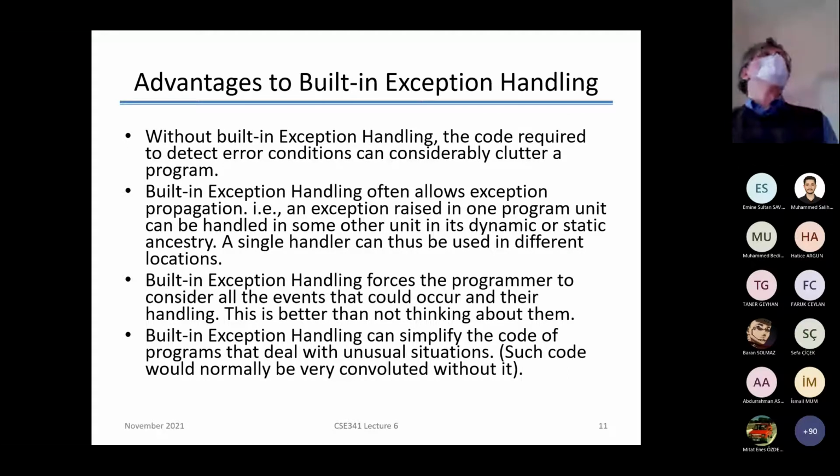And if you have a built-in exception mechanism, another advantage is that you can force your programmer to think about what would happen.